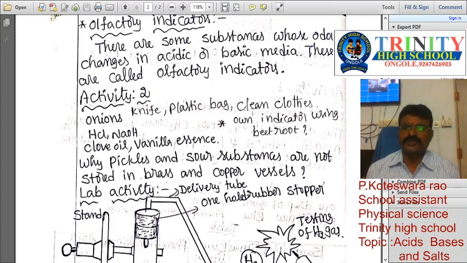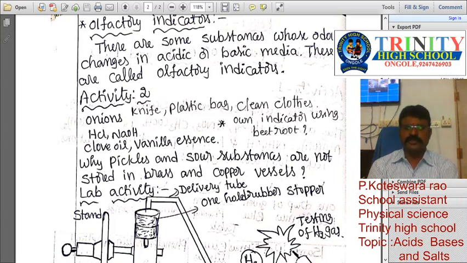How is it possible to prepare one indicator using beetroot? Most important 4-mark question. Do you know about beetroots?